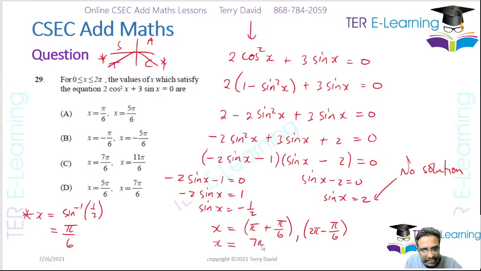And then 2 pi minus pi over 6, so that is 11 pi over 6. So that looks to me like C. Question 29, is that really C?